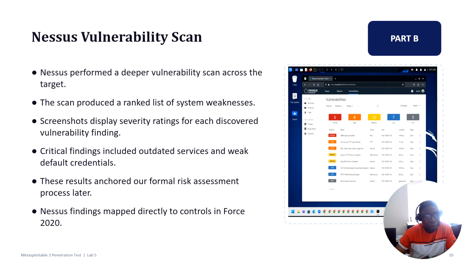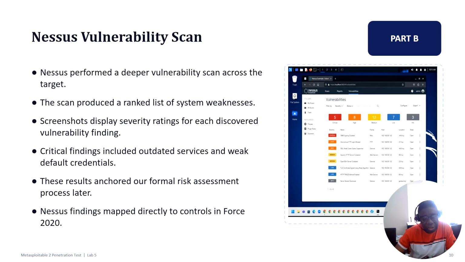Finally, I ran a Nessus scan to get a deeper, more comprehensive view of the system's vulnerabilities. Nessus produced a ranked list of weaknesses along with severity ratings, which you can see in this screenshot.